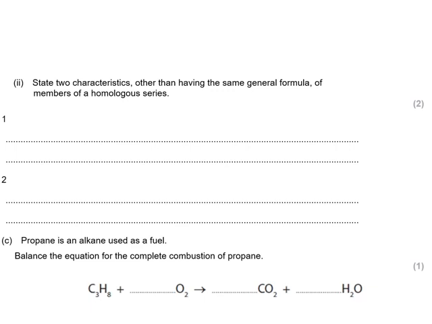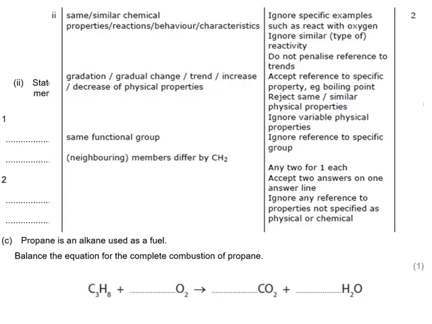Okay, so 2 characteristics of substances in the same homologous series, and that is they have the same or similar chemical properties. Now, chemical properties just means how they react. So it's all about the reactions here: what they react with and what they react to form.